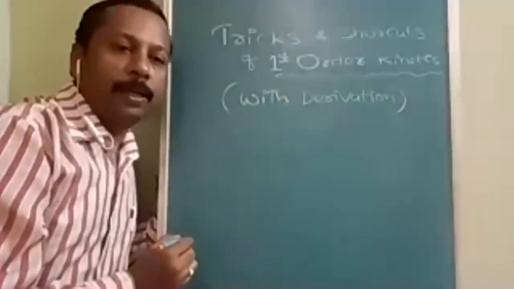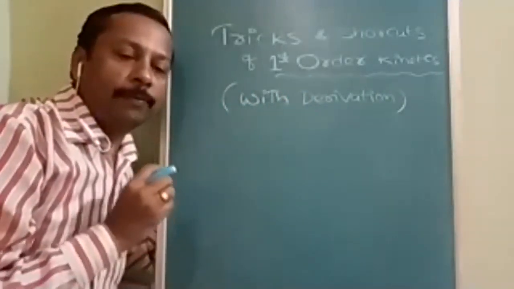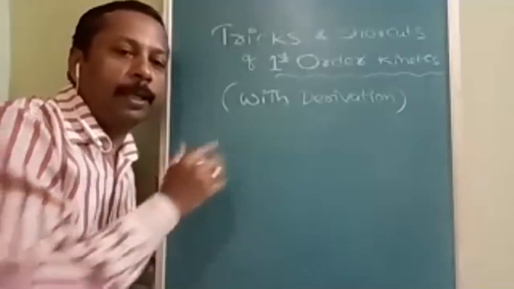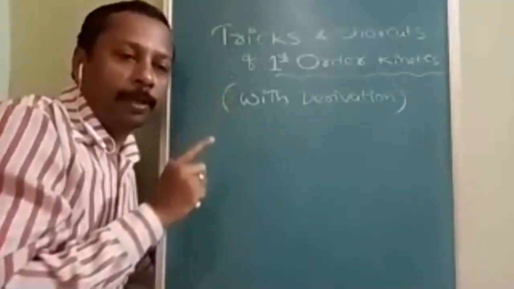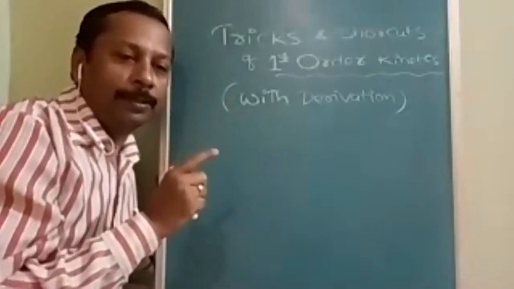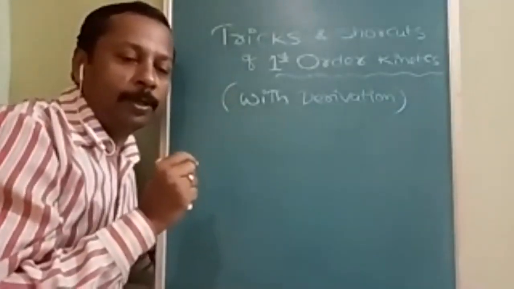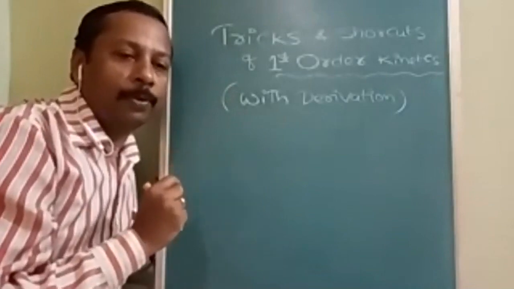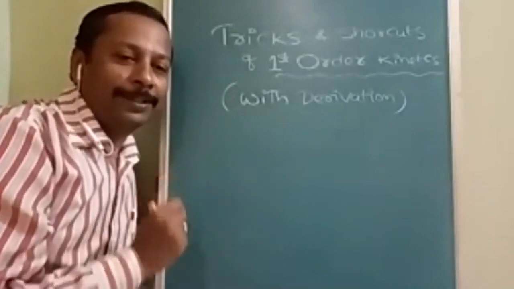If you understand them, in the exam itself, with the known and very little information, you yourself can make the tricks. I am not going to teach you tricks, I am going to teach you what is required to derive the tricks. So, tricks of the tricks. Is it understood?